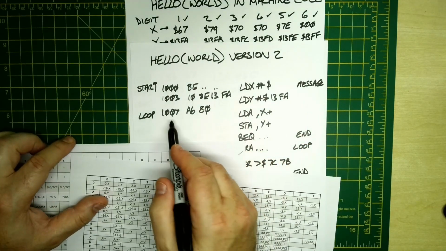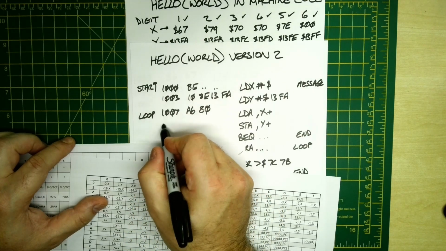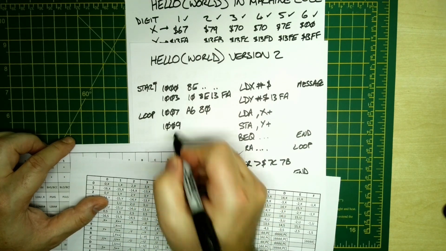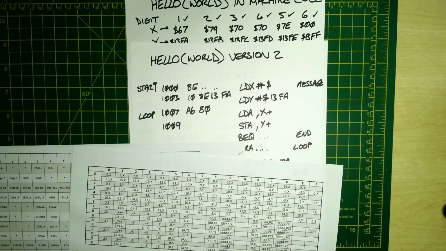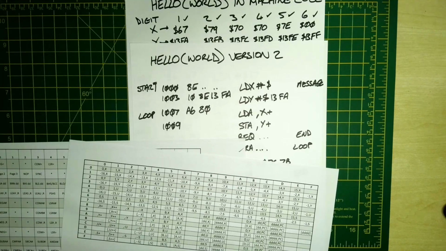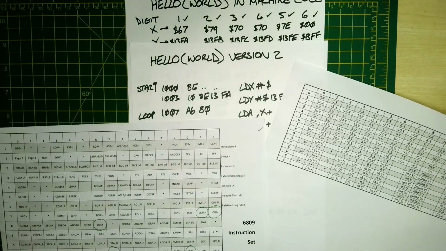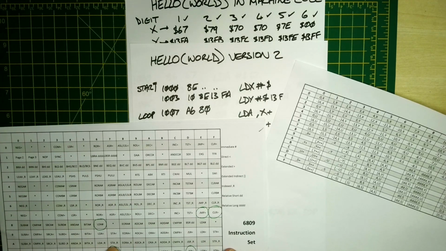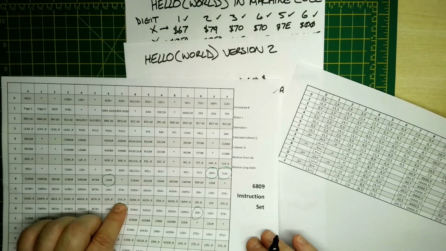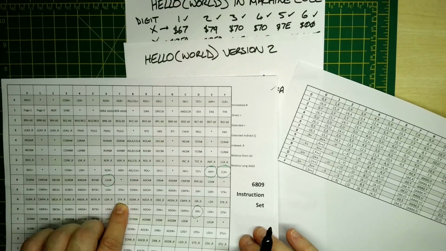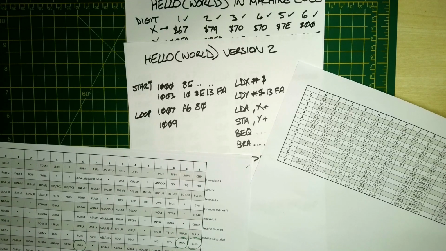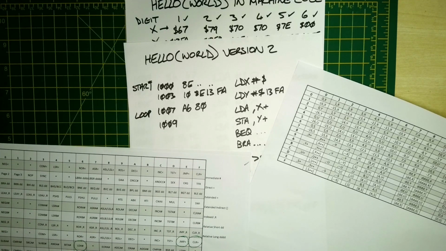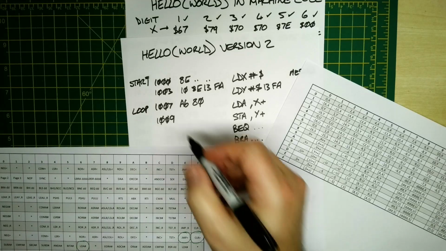So in the next line, store A to Y++. So store A to an index register is A7.